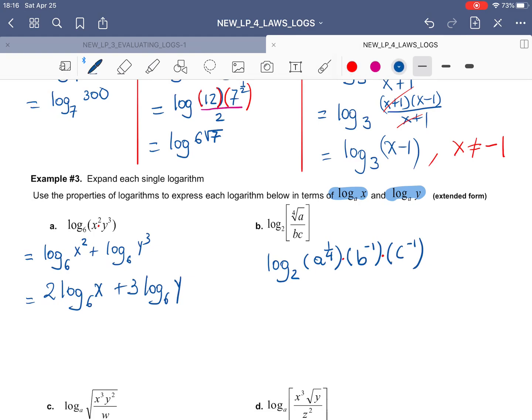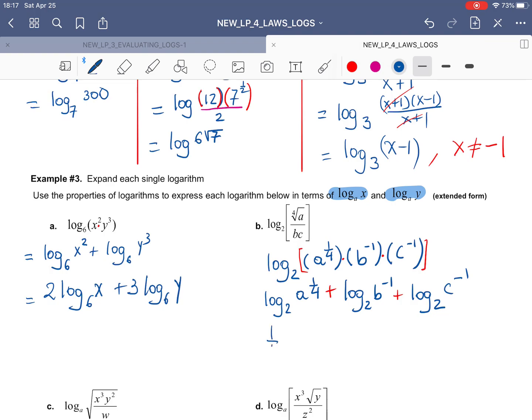So that would equal log with base 2 of a to the 1/4, and then plus, because it's a product, log with base 2 of b to the -1, and then plus again, log with base 2 of c to the -1.